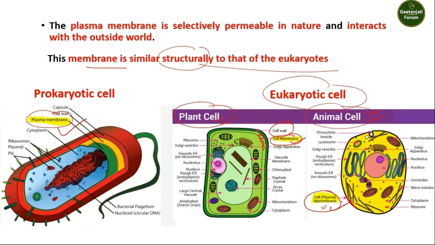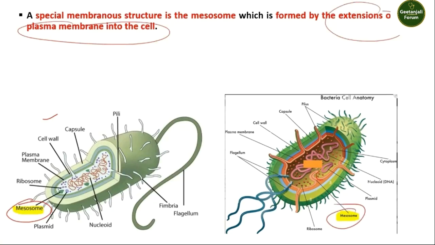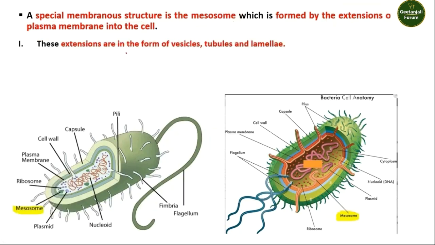All are the same structurally. Apart from this, in the bacteria, mesosomes are found, which are extensions of plasma membrane, which you can see here. This is inner extension of plasma membrane and this is outside extension of plasma membrane. These are called mesosomes. Now these extensions of mesosome can be in the form of vesicles, tubules or lamella.